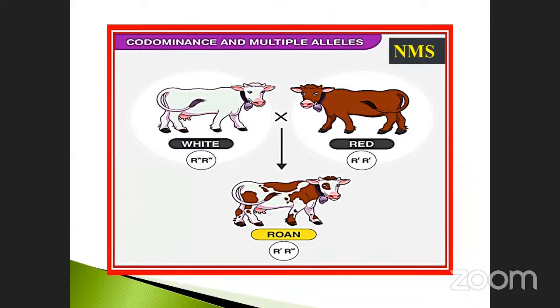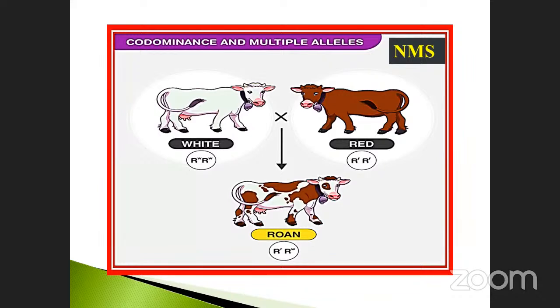Another one is red, R. Both are crossed. What happened, you know? Both the characters are expressed. See here, the white color is present and also red color patches are present. That is called roan. Capital R and capital W both are expressed. See here, so both the characters are similar to the parental.